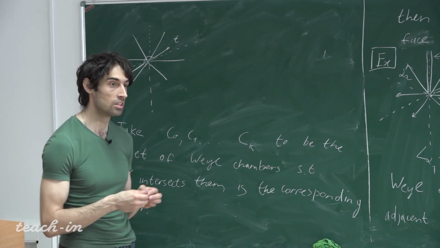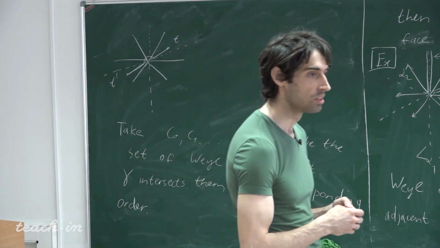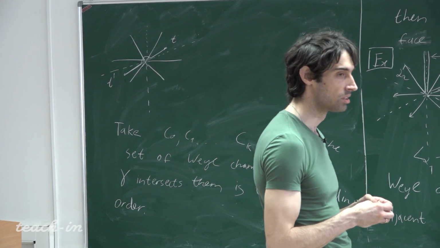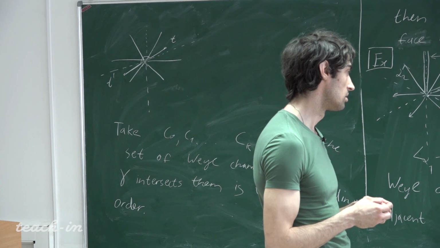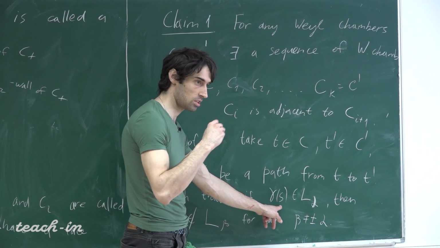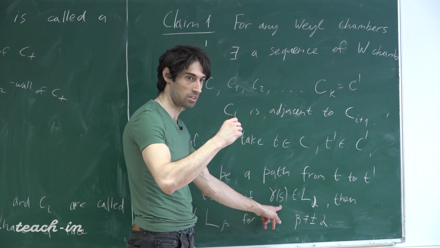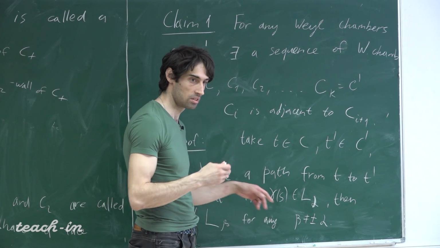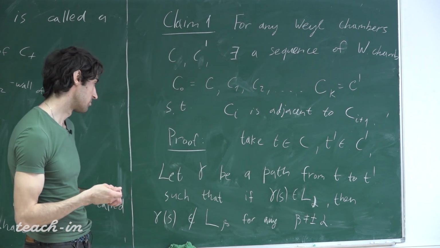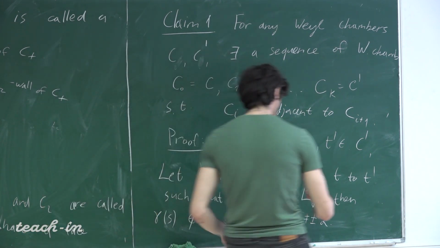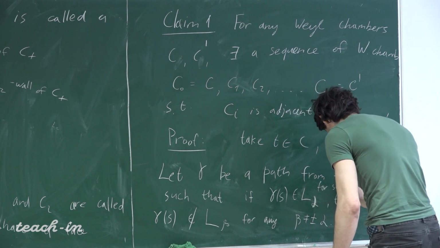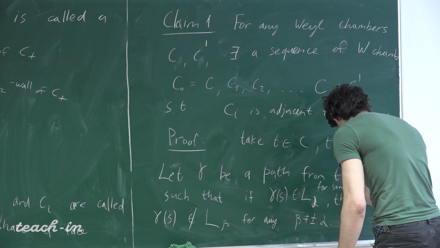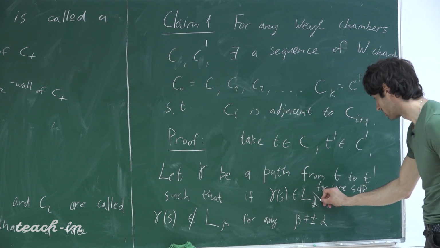still. When you choose a path from T to T prime, you see the path is in L alpha. Now, suppose that some gamma of S, so S is a parameter, so this is some point, for some S in R. Here.